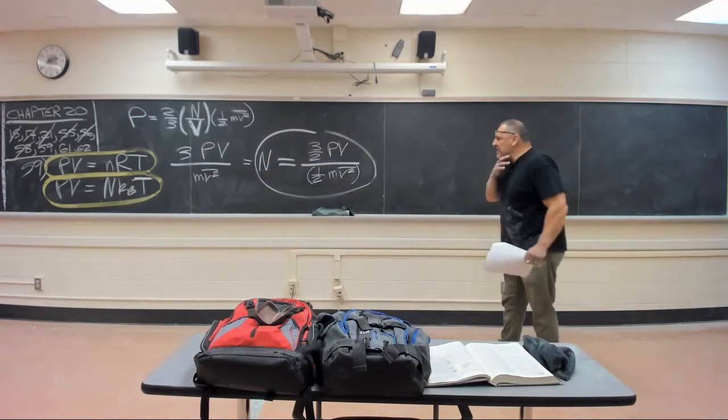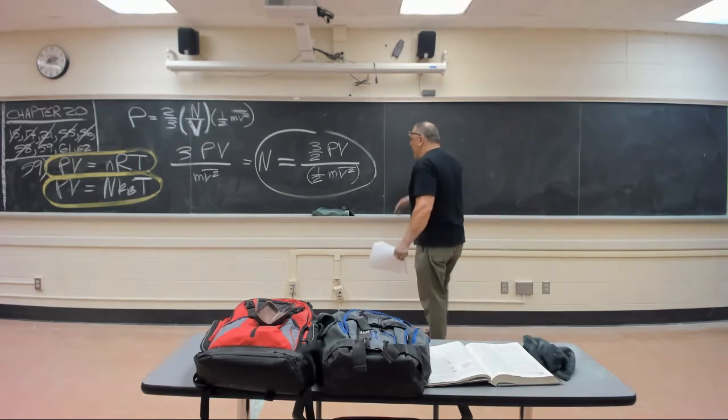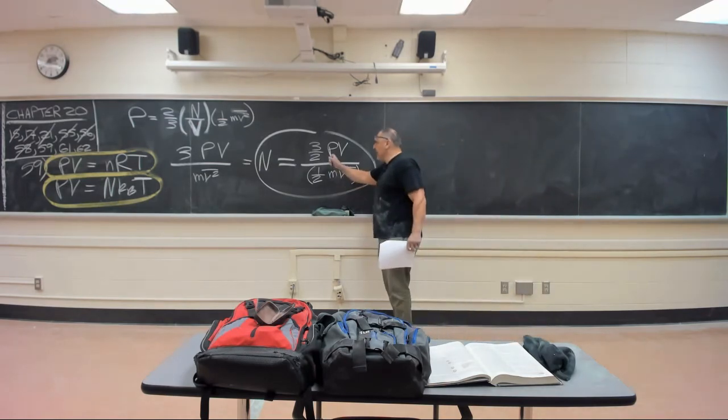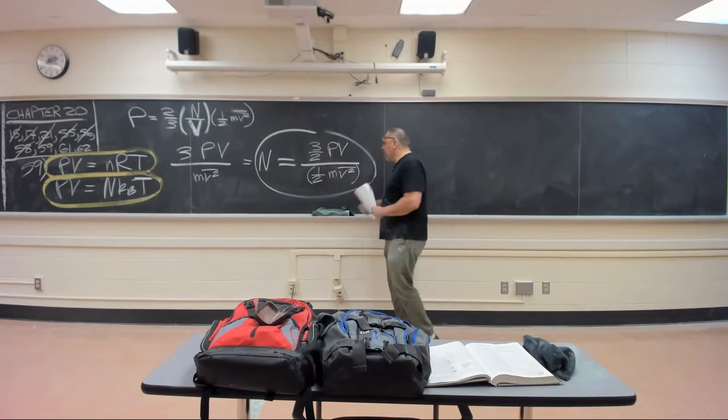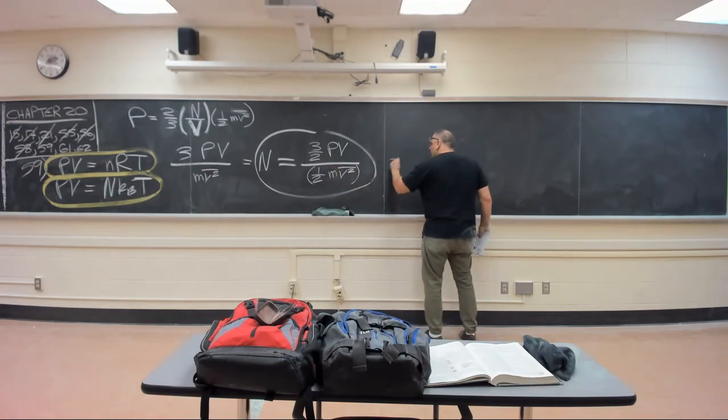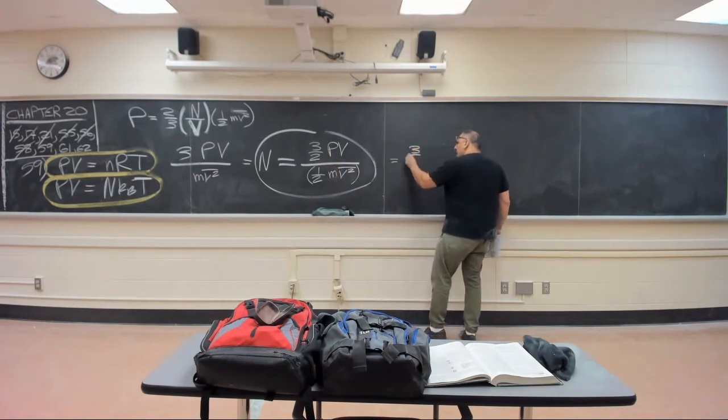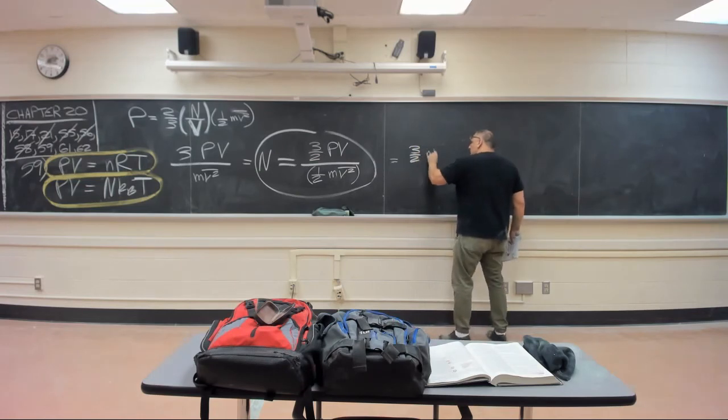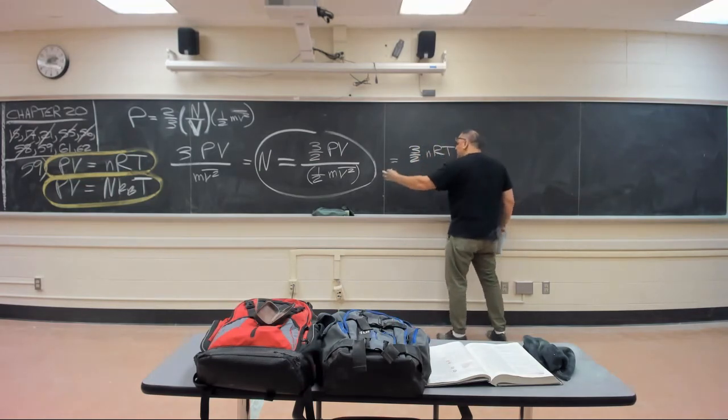They're saying basically if the total energy of the system is 3/2 PV, which is 3/2 nRT, that's because PV equals nRT. 3/2 PV is 3/2 nRT.